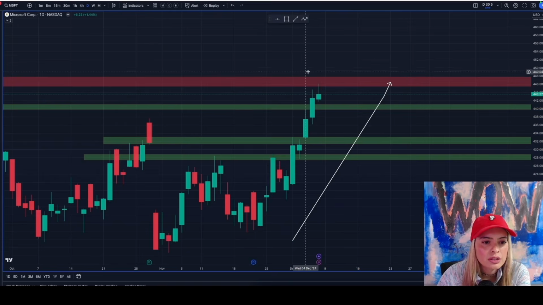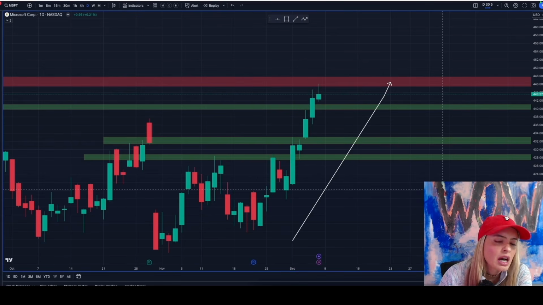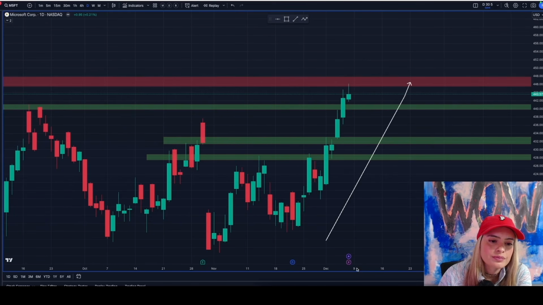But for me also, this is a candlestick that I see as a kind of weak candlestick. It's a reaction candlestick. So for me to trade Microsoft, I will need either a pullback to this level. I like this level more.